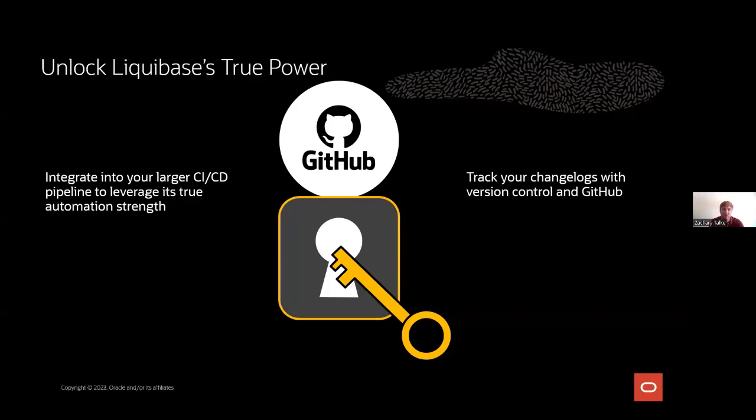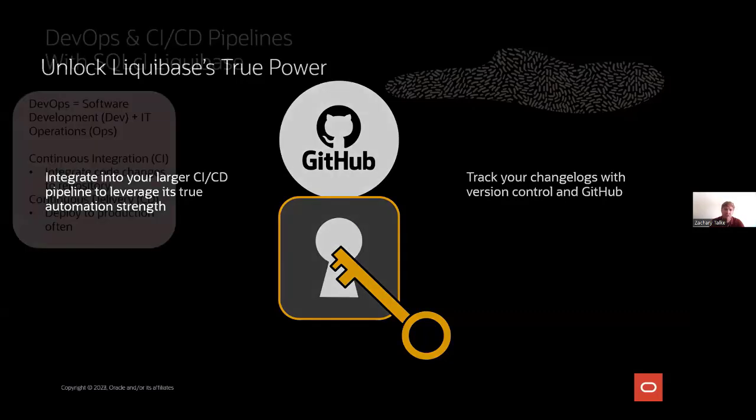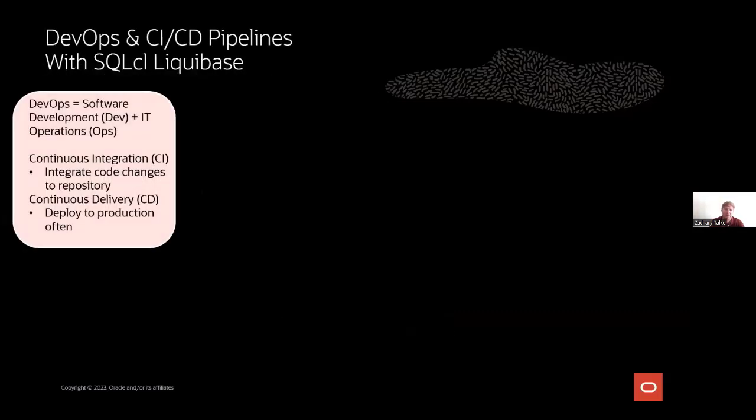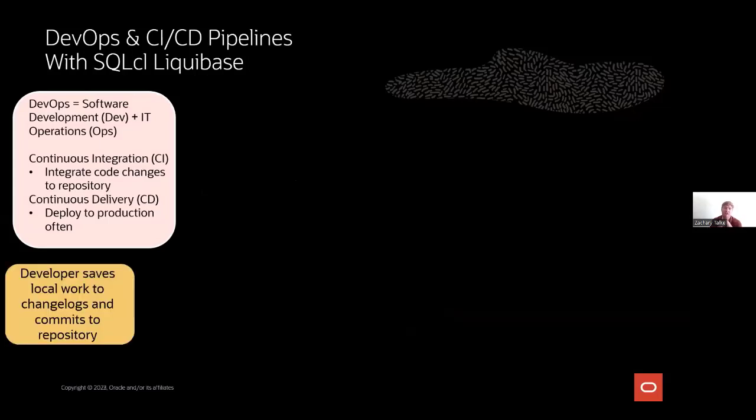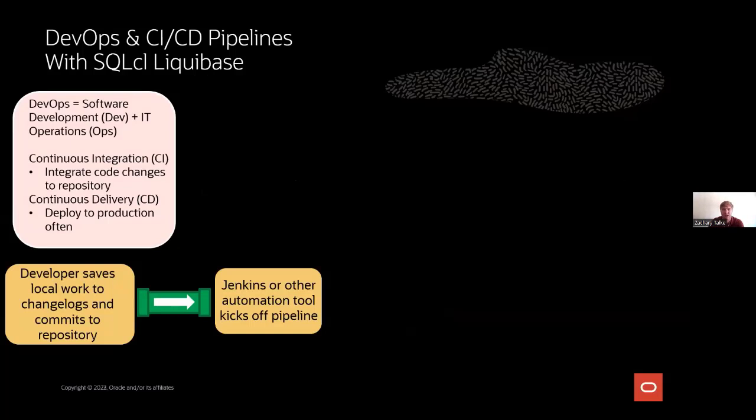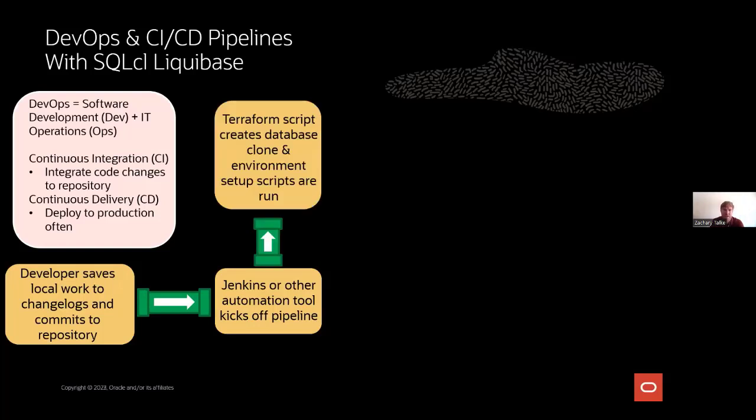And to give you a little bit of an example of what a sample pipeline would look like that you can automate with SQLcl Liquibase as a part of it, you could have a developer save their local work to changelogs, and then that gets committed to your repository. From there, you can use Jenkins or another automation tool to kick off your pipeline. You can have a Terraform script create your database clone and execute the environment setup scripts.